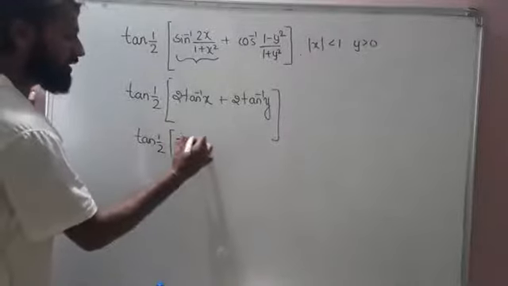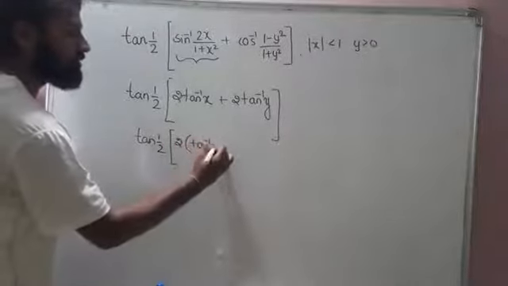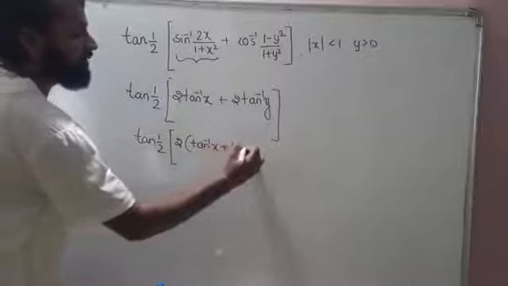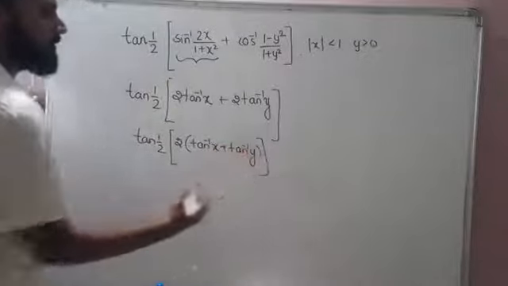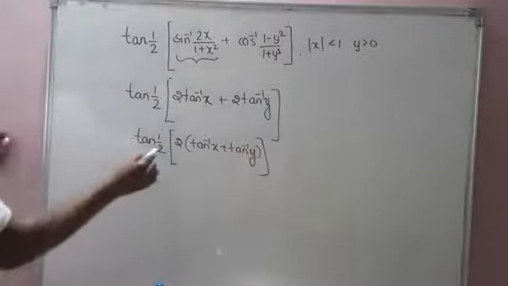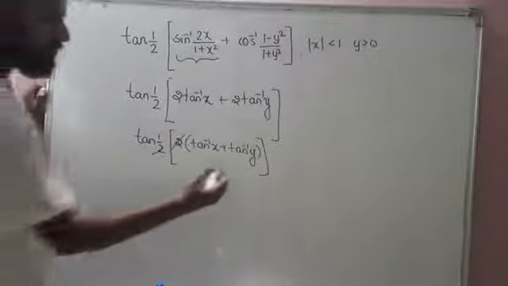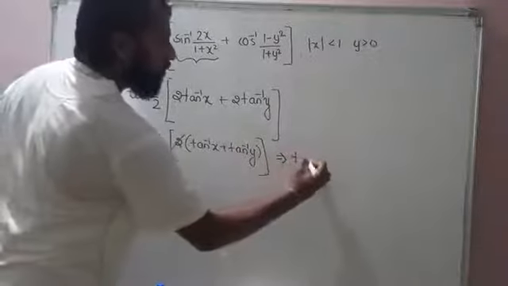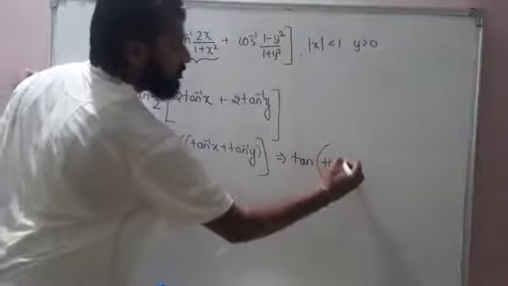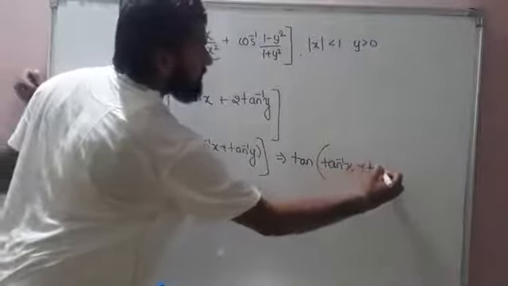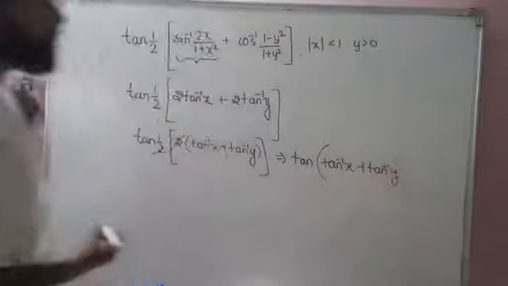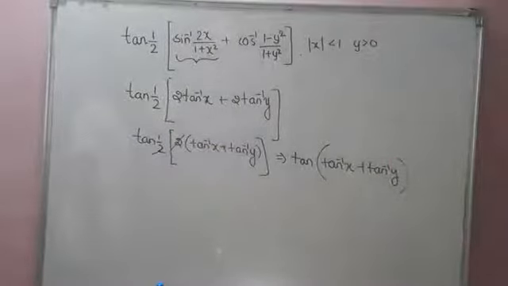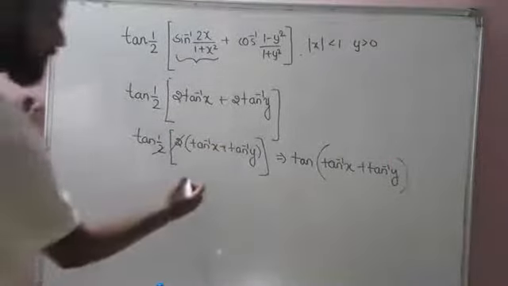2, I'll take common. I'll be left with tan inverse x plus tan inverse y. So now we can easily see the 2s cancelling each other. I'll be left with tan of tan inverse x plus tan inverse y. Now let me apply the formula. What is the formula?